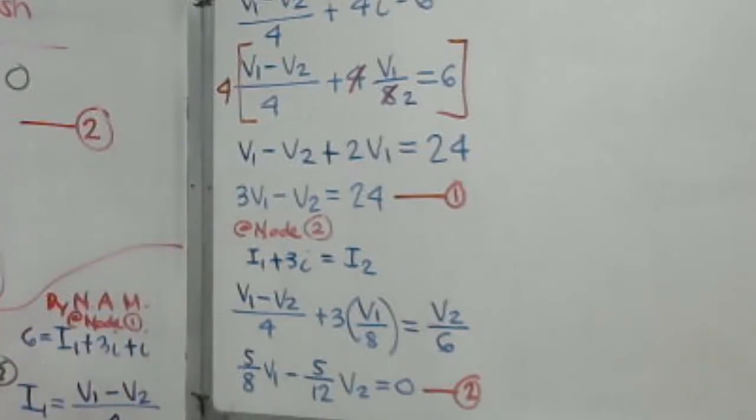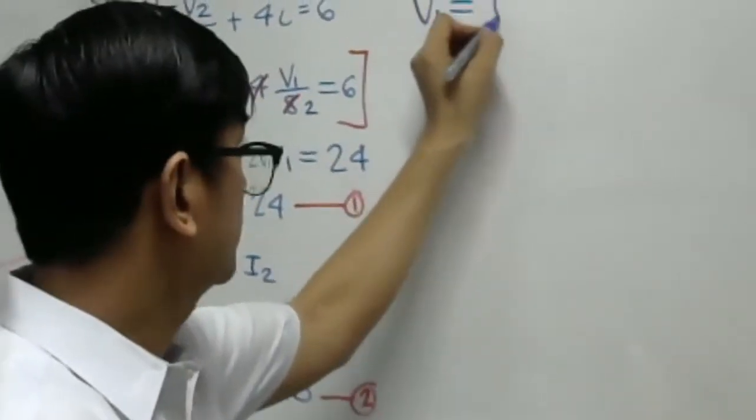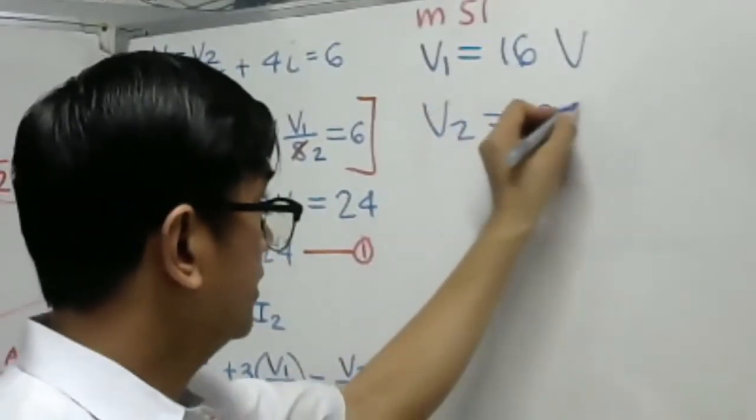So we have here 3 equals, negative 1 equals, 24 equals, 5 over 8 equals, negative 5 over 12 equals, then 0, 0 equals, then equals. So our x, which is our v sub 1, simply equals 16 volts. Another equals will give us our v sub 2, that is 24 volts.